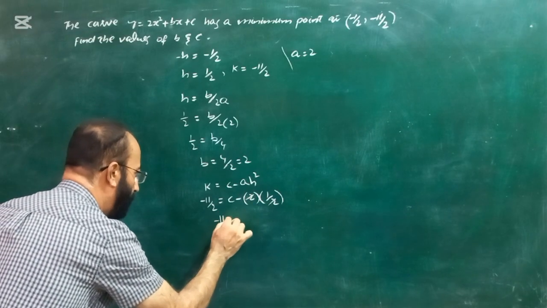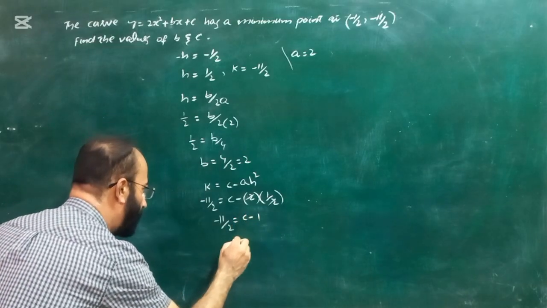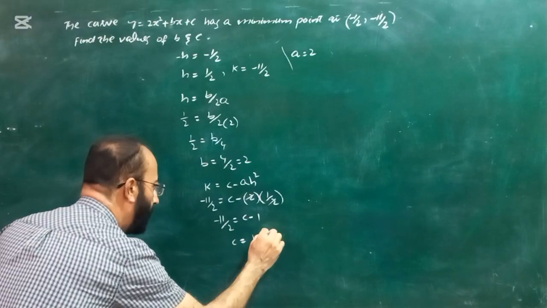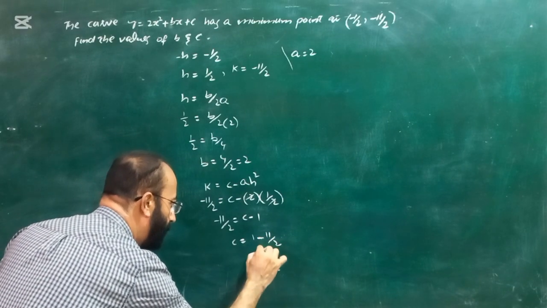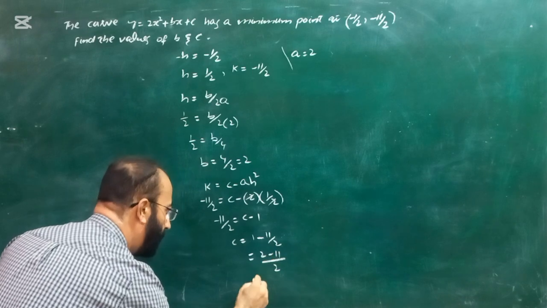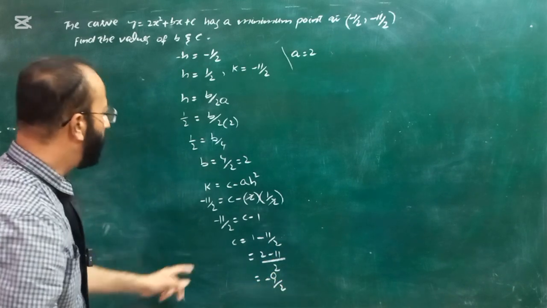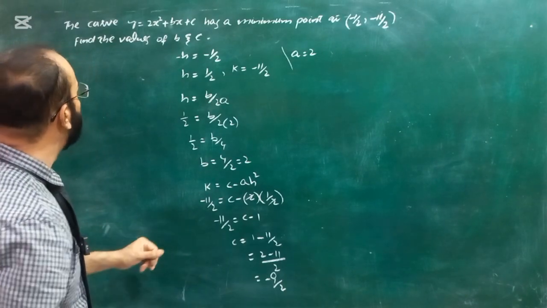So minus 11 by 2 will be equal to c minus 1, and c will be equal to 1 minus 11 by 2. From here take the LCM, 2 minus 11, so minus 9 by 2. So these are the values of b and c.